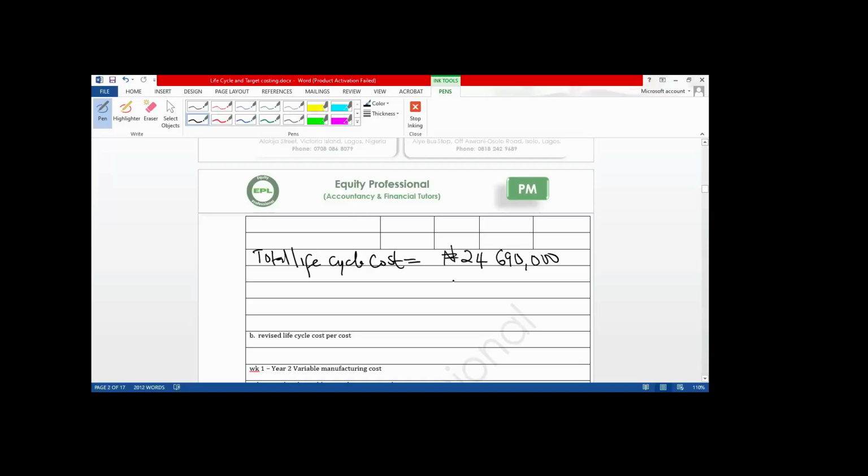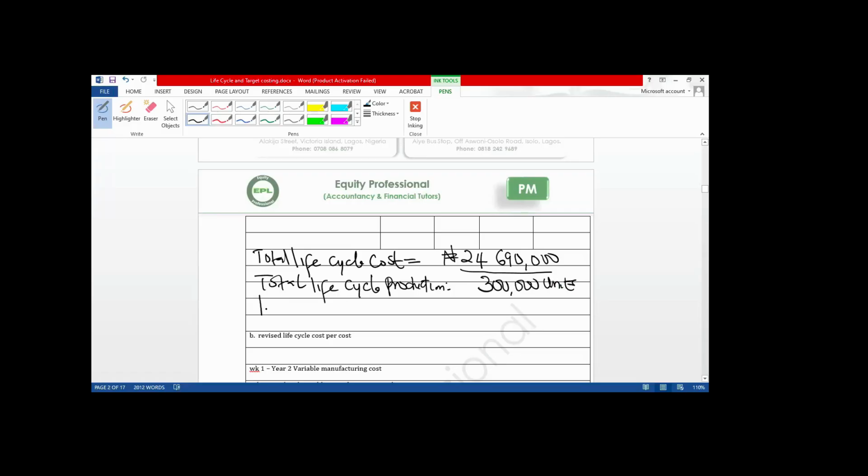The examiner says give me life cycle cost per unit. Then go and pick total life cycle production. Year 2 we produce 100,000. Year 3, 200,000. That means total is 300,000 units.